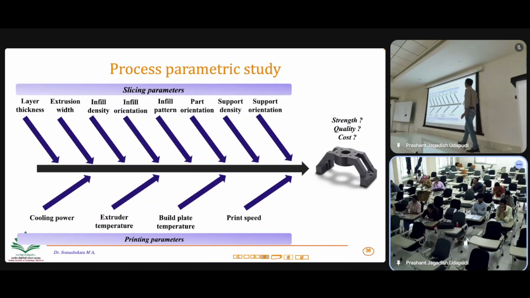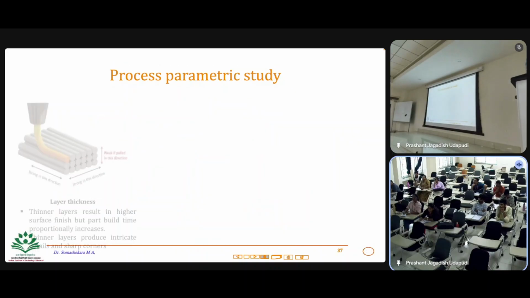As I said, the parameters that you transfer to the machine are important when it comes to the quality and the strength of the component. You are controlling all the parameters during slicing itself, before printing, so that you can maintain the part qualities.